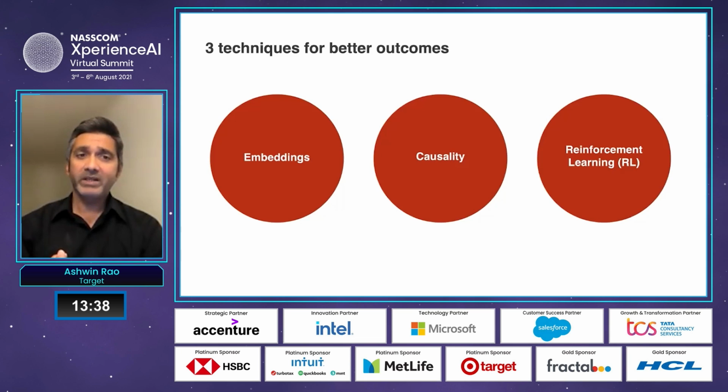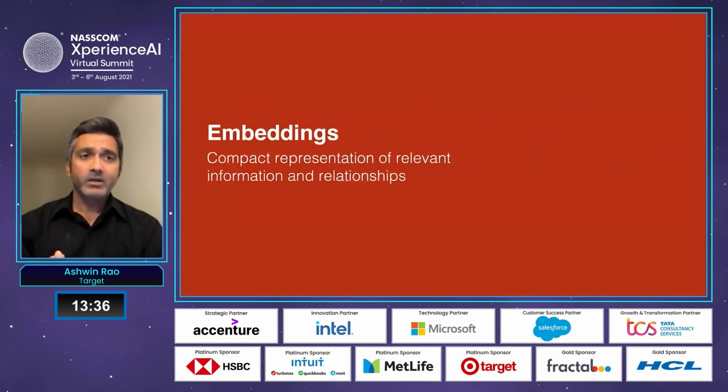Let's start with embeddings. When a neural network is trained, it captures the objects that it is learning about in a compact numerical representation that goes by the technical term embedding. The objects captured by embeddings could be anything: words, images, products, people, really anything for which we have data.